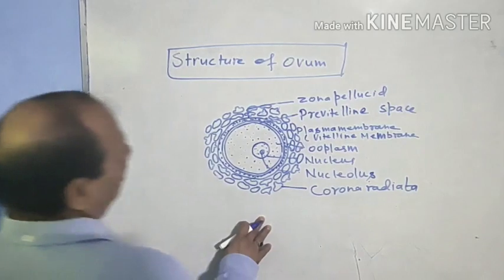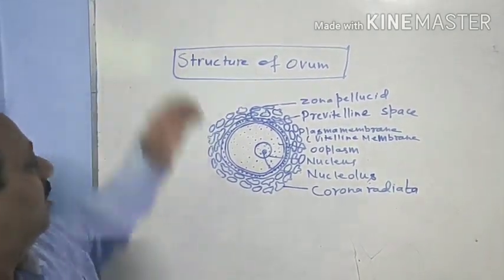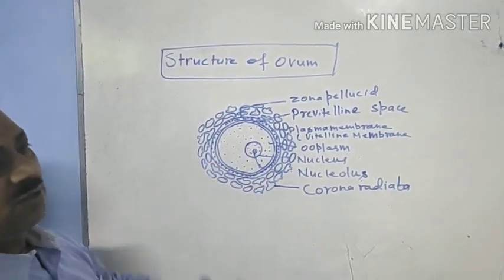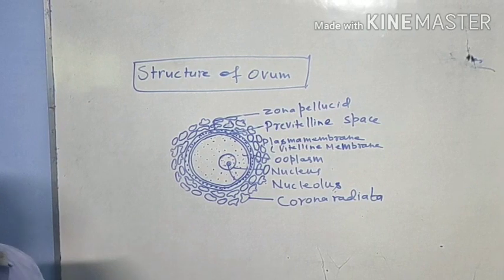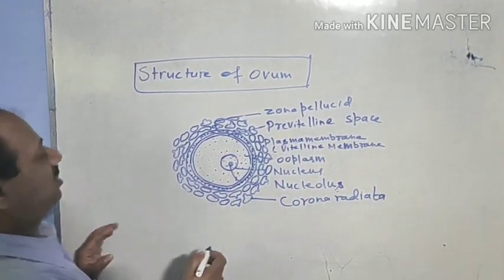This is the structure of ovum or female gamete. Female gamete is a rounded structure, or you can say that it is an oval structure.